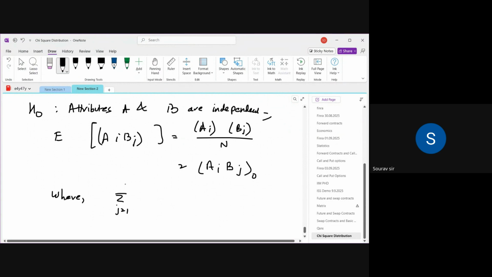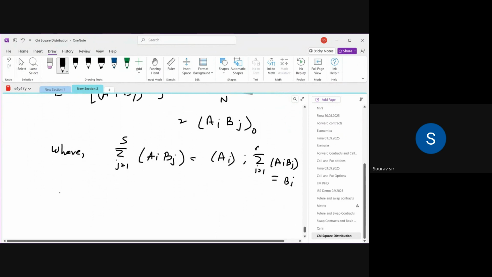Here, summation of j is 1 to S, so that is AiBj is equal to Ai, or summation of i is 1 to R, AiBj is Bj. Initially, I told you that both the attributes are together, the number of persons possessing them.